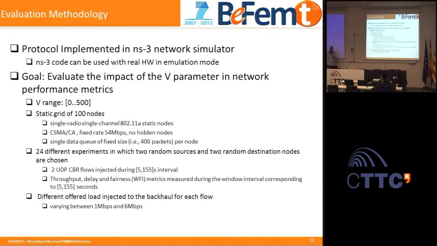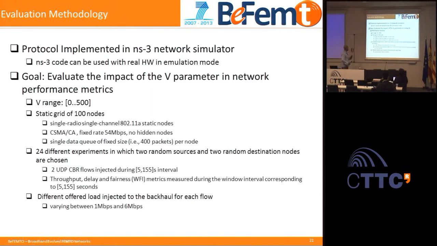This is the setup of the NS3 simulator in order to see the effects of the configuration of a fixed V parameter routing policy. What we've done is to inject, in this case, two flows in the network of femtocells, and we measure in target network performance metrics with this simple penalty function, which is the relative distance to the intended destination.